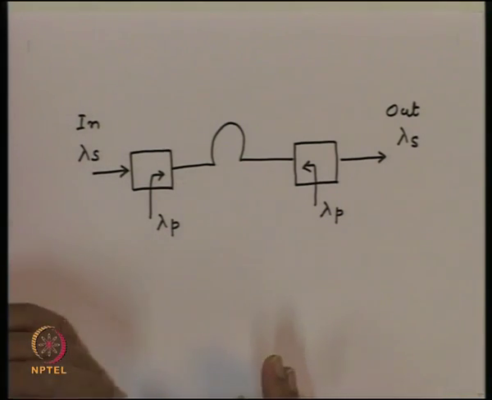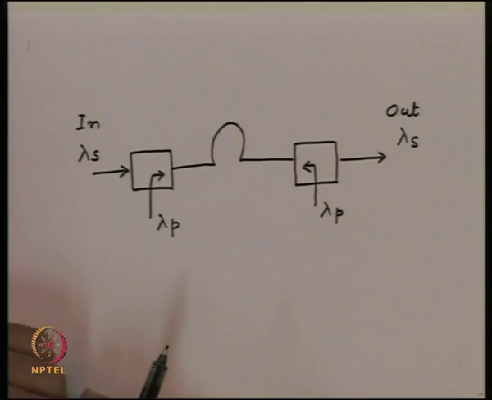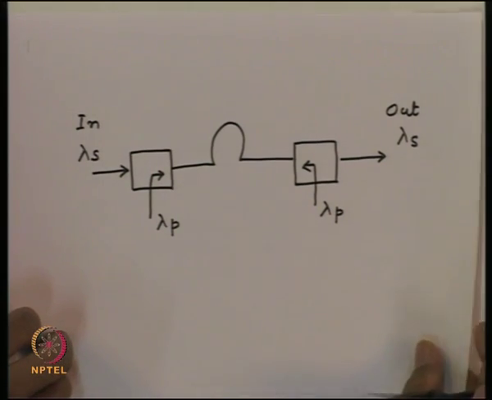So, in practice you see various possibilities for pumping this medium. We can have co-directional pumping, or counter-directional pumping, or a combination of the two, and each one has some advantage over the other.